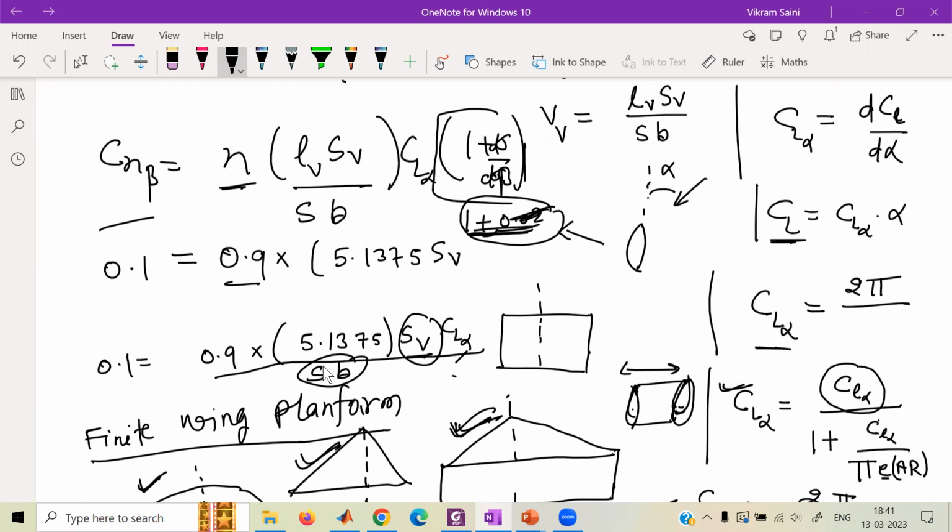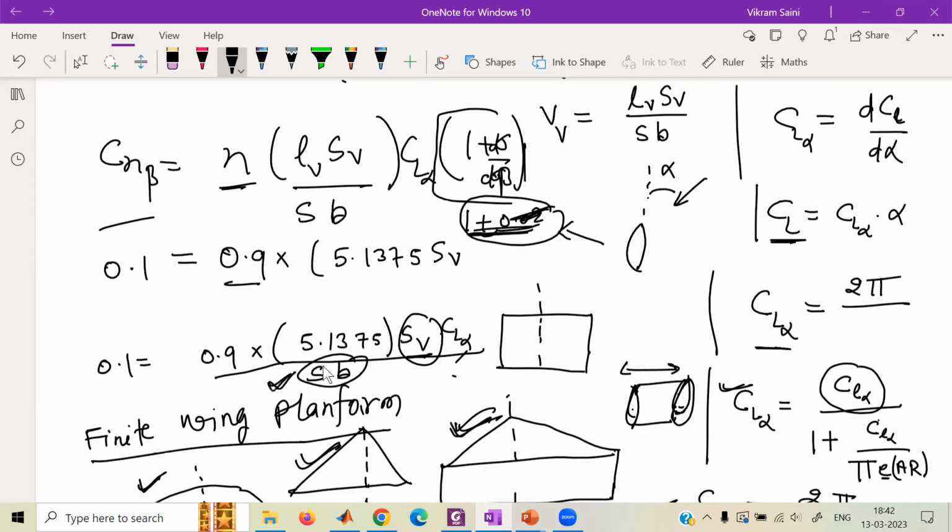Because vertical and horizontal tail are stabilizers, right? So stabilizers are required at the last when you have sufficient lift forces, right? So in the design sequence, you will always find that vertical tails and horizontal tails are designed at the last.